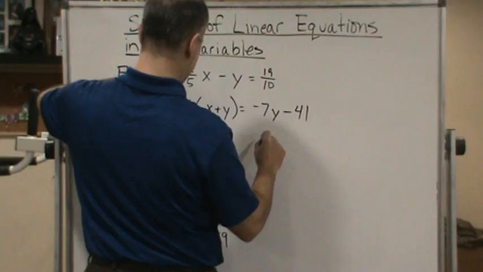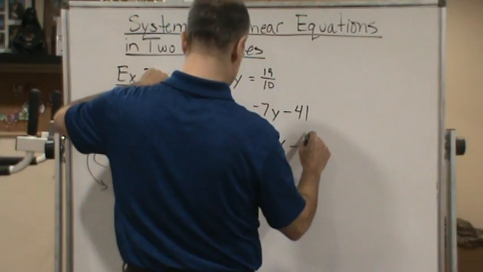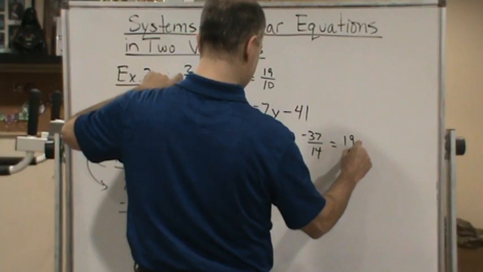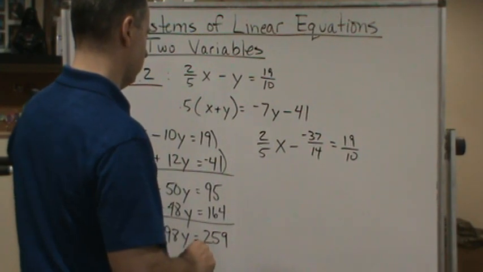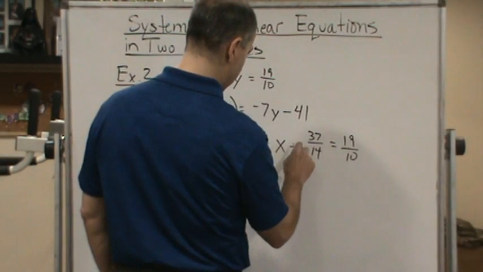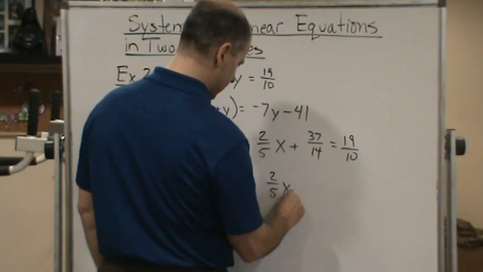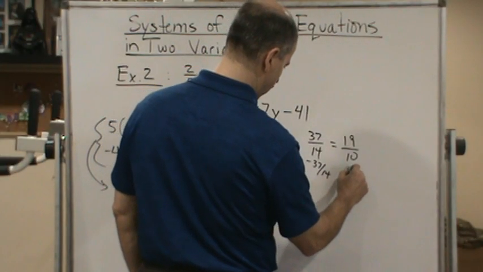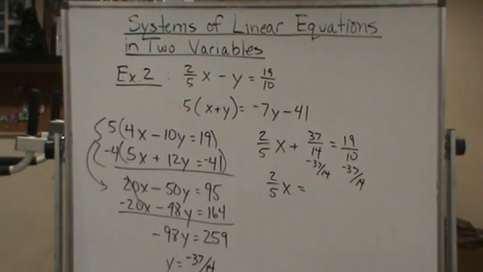So we get 2/5 x minus negative 37/14 equals 19/10. Okay, so this is going to change to plus, so we're going to get 2/5 x is equal to, because we're going to subtract 37/14 from both sides.